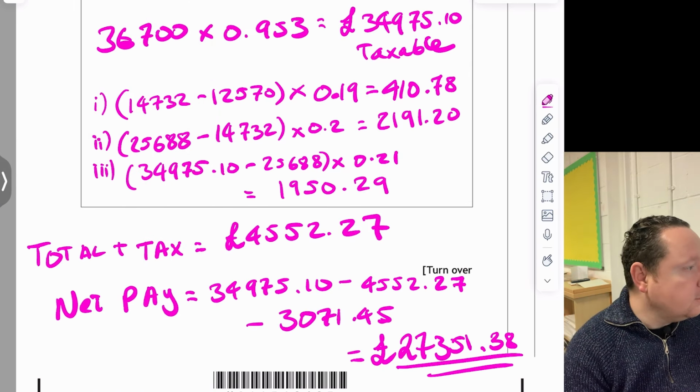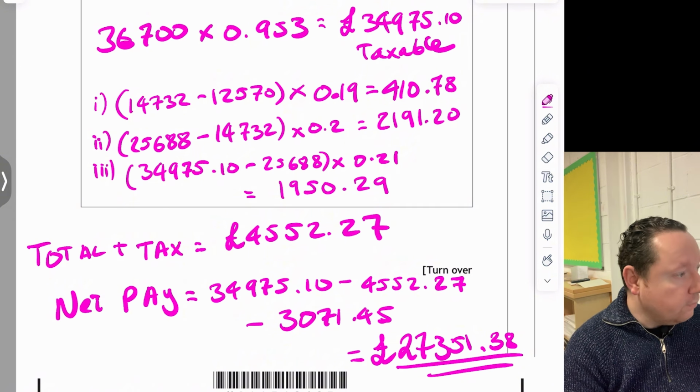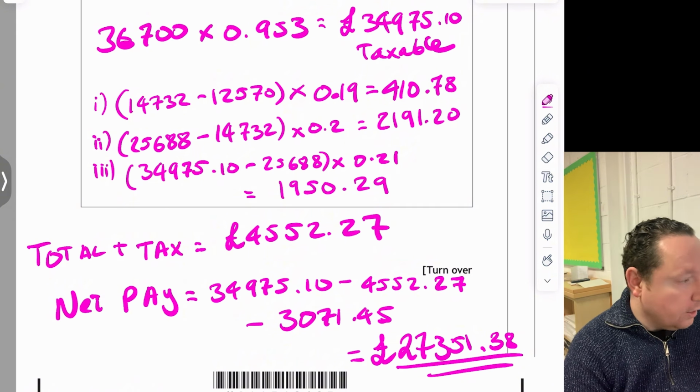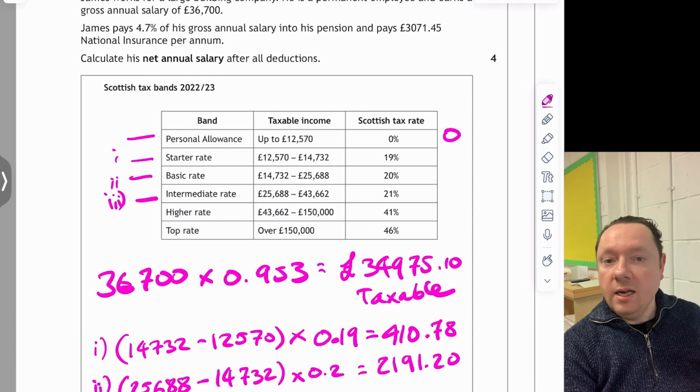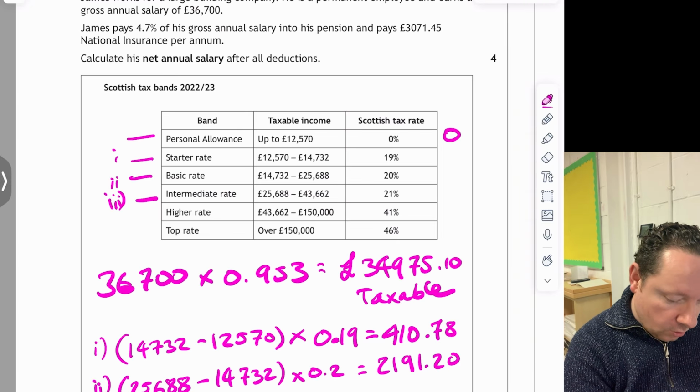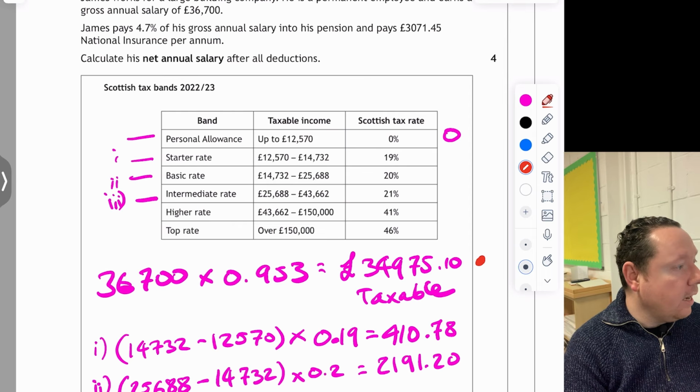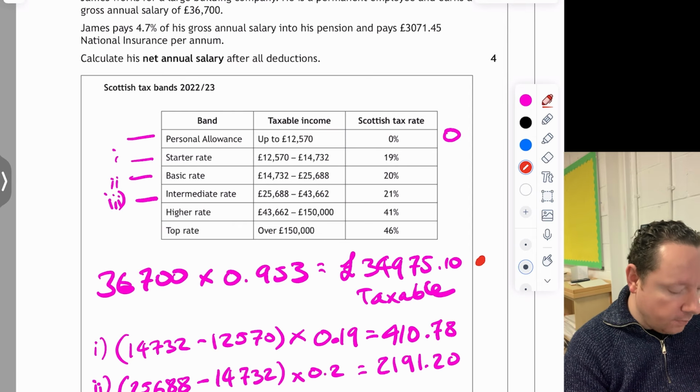Let me just check this. So you're getting the mark for obviously your final answer. That is clear, but taxable income. If you get 34,975.10, if you take away a pension, you get a mark there. So let's just take a note of that here. There's a mark there. And then you get a mark for calculating the tax for starter, basic and intermediate band.